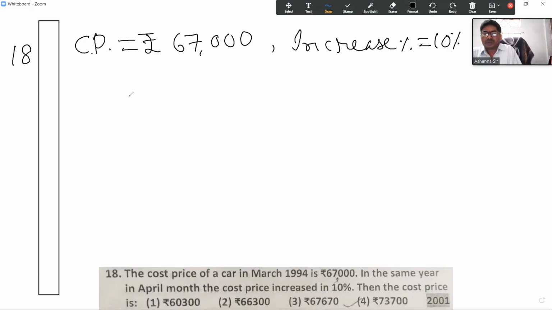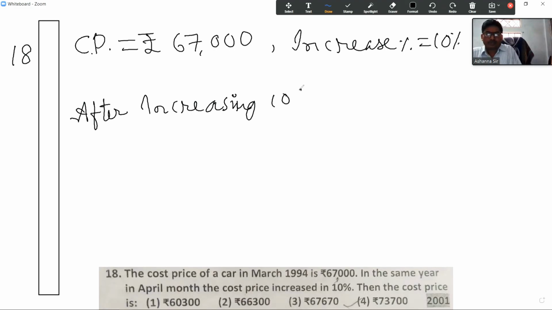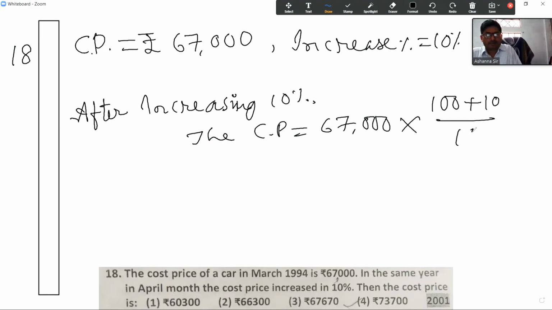To find the cost price after increasing 10 percent, it is equal to the before cost price, 67,000, into 100 plus increasing value, so 100 plus 10, by 100.